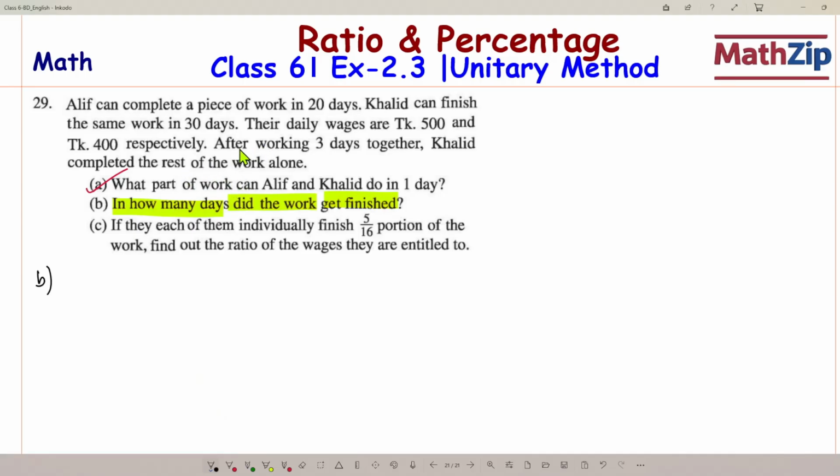Look, here it is mentioned: after working 3 days together, Khalid completed the rest of the work alone.